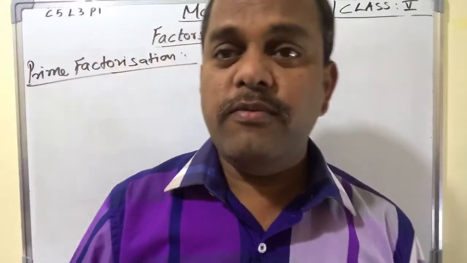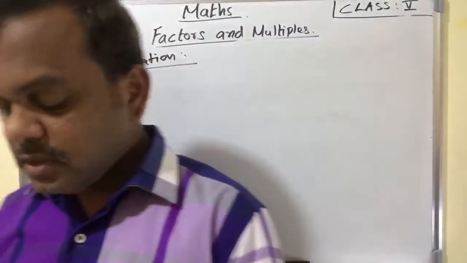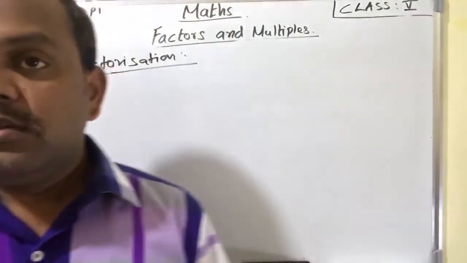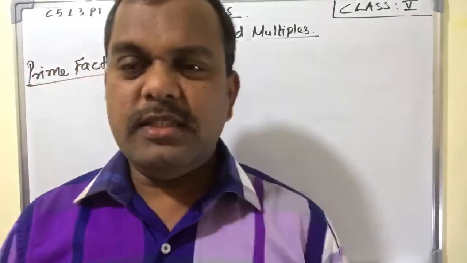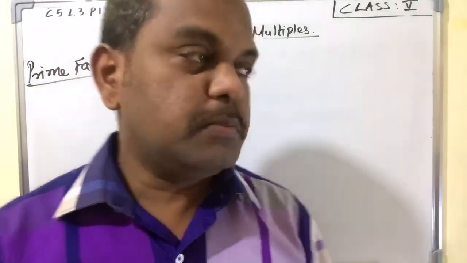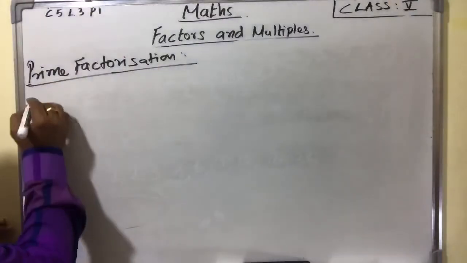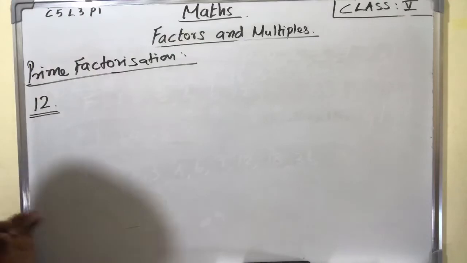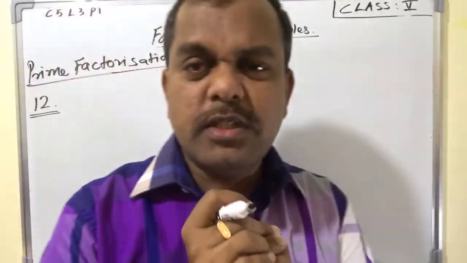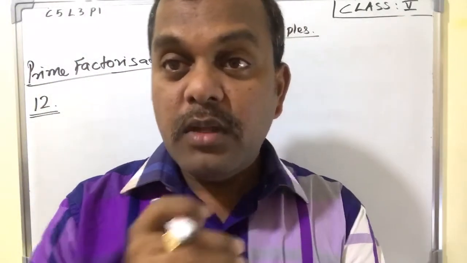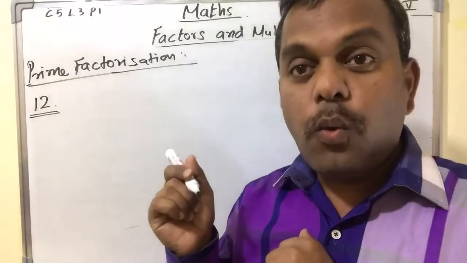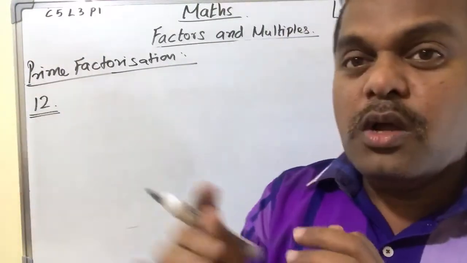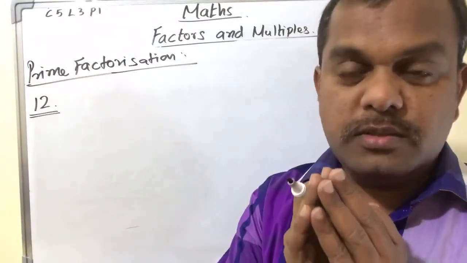What is this prime factorization? See, 12 with this simple exercise. It's a simple number. I will explain for you. Factorize 12. Factorize means that we are going to divide this 12 with prime numbers.